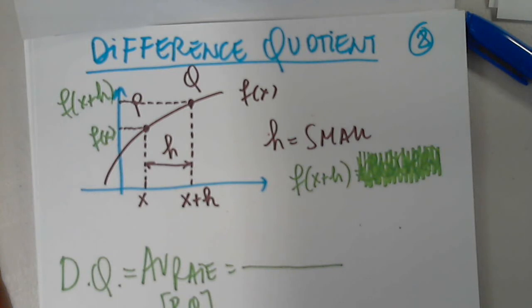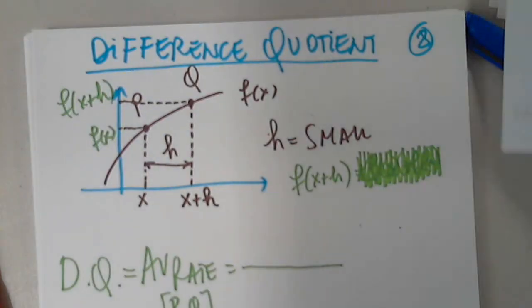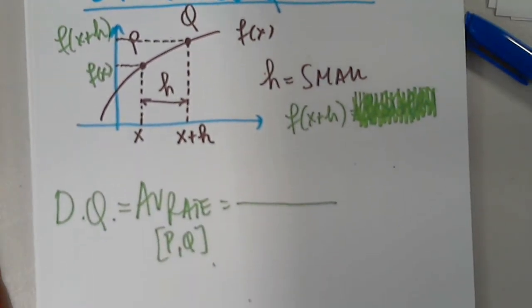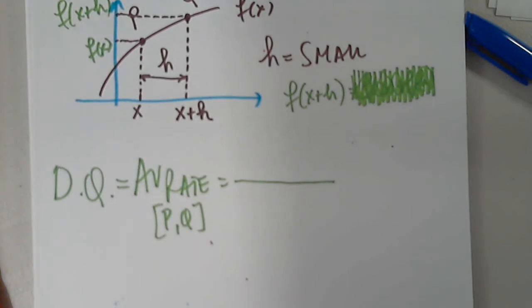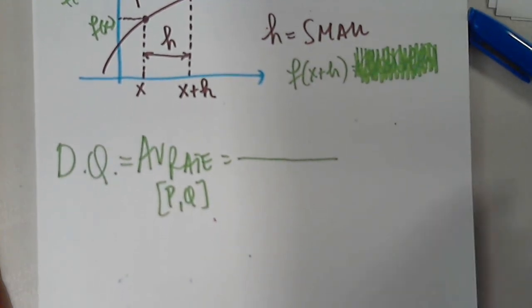Can anyone give us the average rate of change or the difference quotient? Anyone? Sorry, I muted everyone so there is no noise in the background, but please unmute yourselves every time you speak.